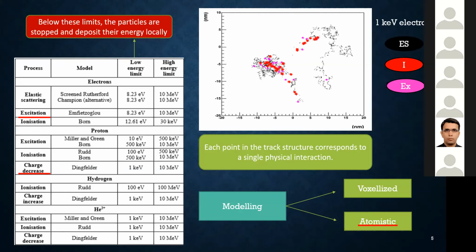A specific thing to say is that when we do these simulations, the modeling can be voxelized or atomistic. The one of interest is the atomistic, because we are working with high granularity simulations, so these need to be very specific and consider everything. The atomistic modeling is the proper one for this.